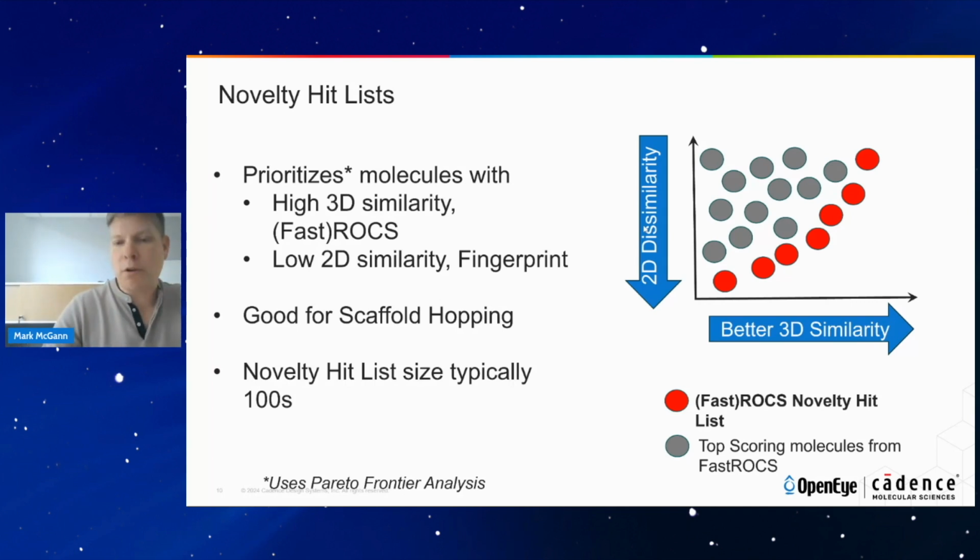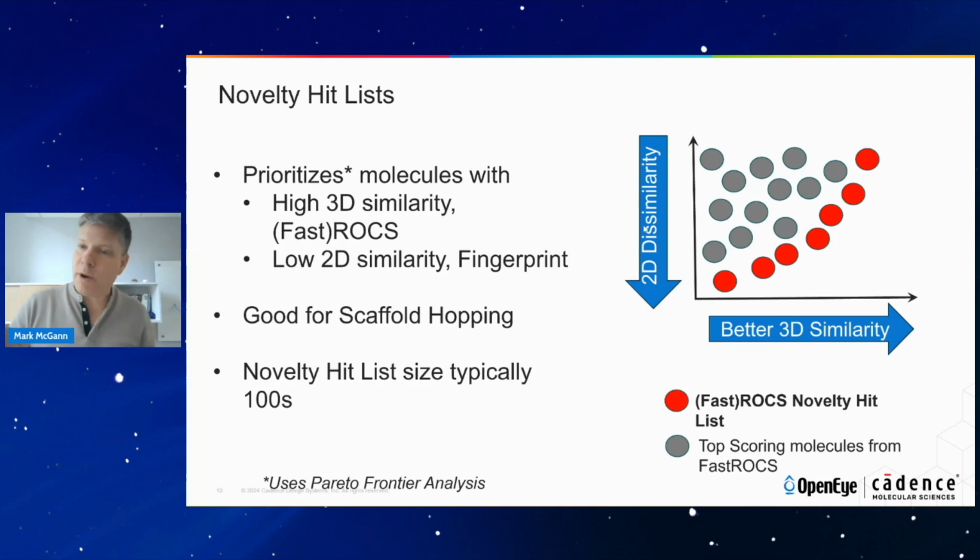We use this Pareto frontier method here: we favor molecules that have low 2D similarity in one axis, and in the other dimension we favor molecules that have high 3D similarity. So this is really good for scaffold hopping. And you tend to get a hit list of about 100 or 200 molecules with this technique. So it's a more manageable number of molecules to go through, and they tend to be rather different.